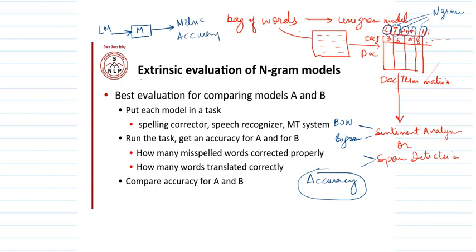So I am giving language model 1 to this machine. After some time I am giving language model 2 to the same machine, and it is producing some accuracy. So this is a very cumbersome task, and this is an extrinsic kind of evaluation.